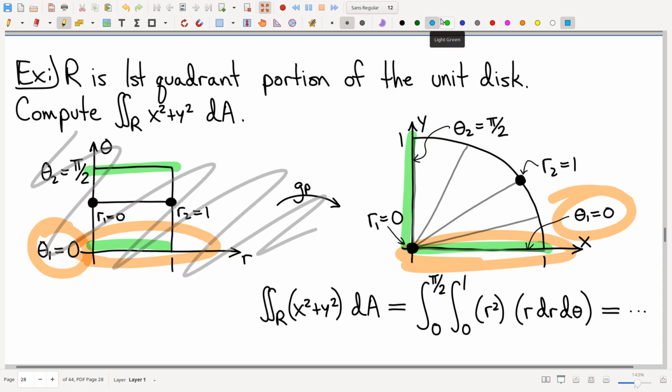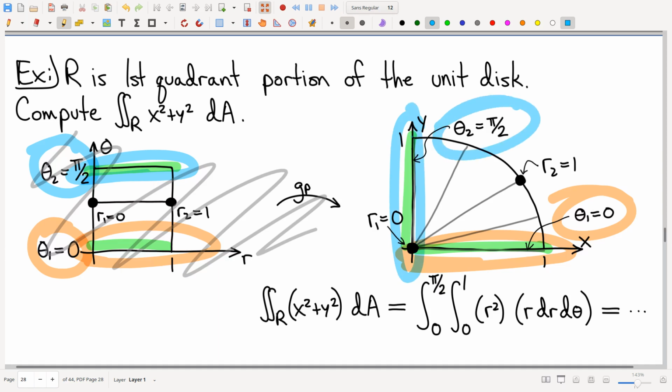Likewise, my last theta slice, yeah, okay, I could see that literally in the pullback domain as where theta is pi over 2, but I can also totally see that just as well, that this last theta slice is where theta is pi over 2, just thinking about how polar coordinates look in the xy plane.